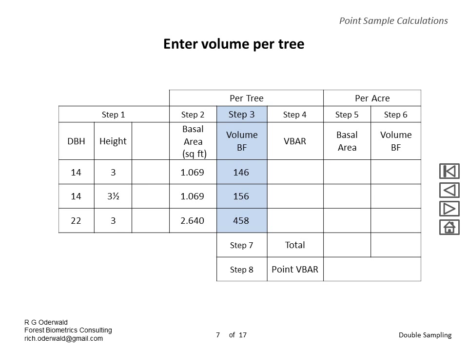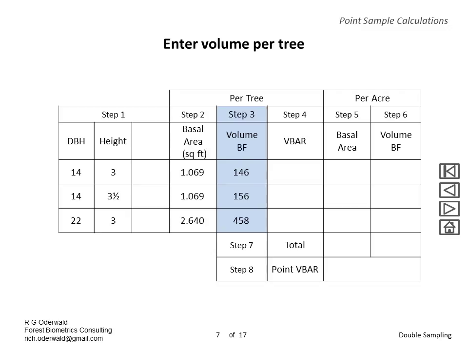The 14-inch 3-log tree contains 146 board feet. The 14-inch 3 1/2 log tree contains 156 board feet, and the 22-inch 3-log tree contains 458 board feet.